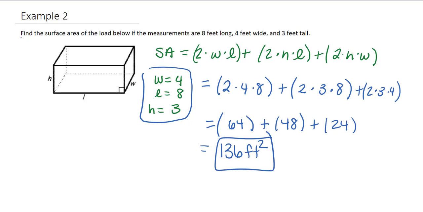That means if we counted every surface, this side, and then the sides, all 6 sides, and added up the areas of them, we found it to be 136 feet squared.